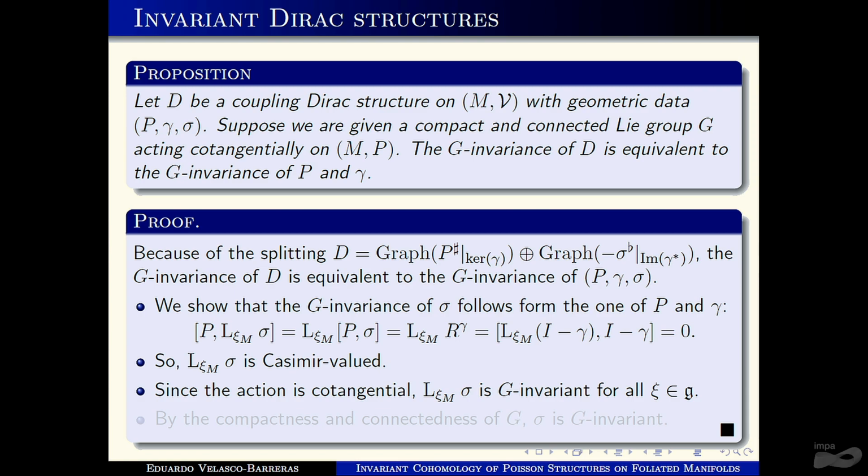So this is invariant for every infinitesimal generator, and since the Lie group is compact and connected, this implies that sigma must be G-invariant. This assertion follows by properties of the splitting of the Lie algebra of a compact Lie group, and also by properties of periodic functions.